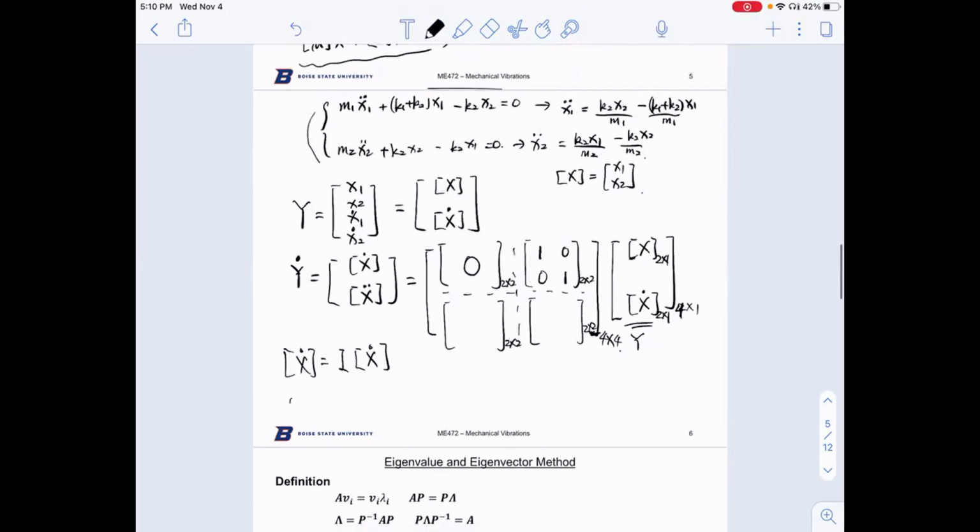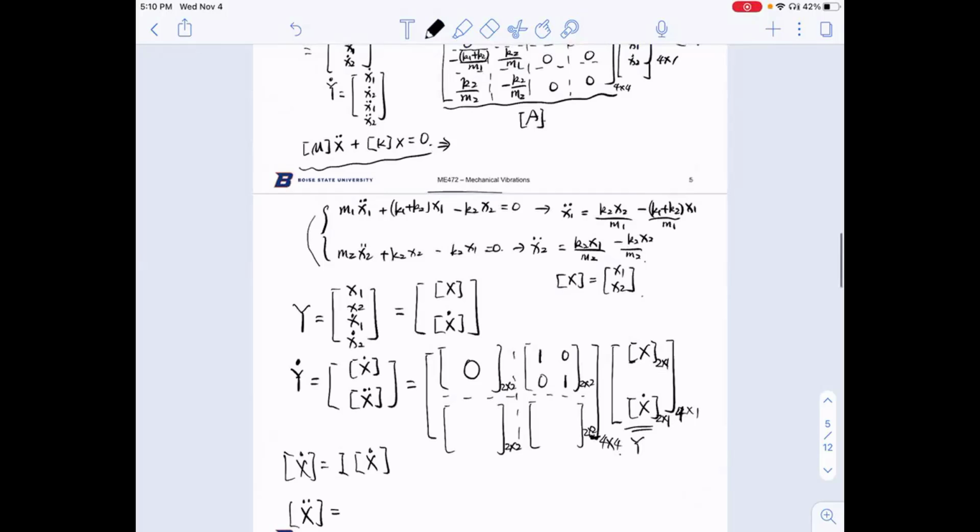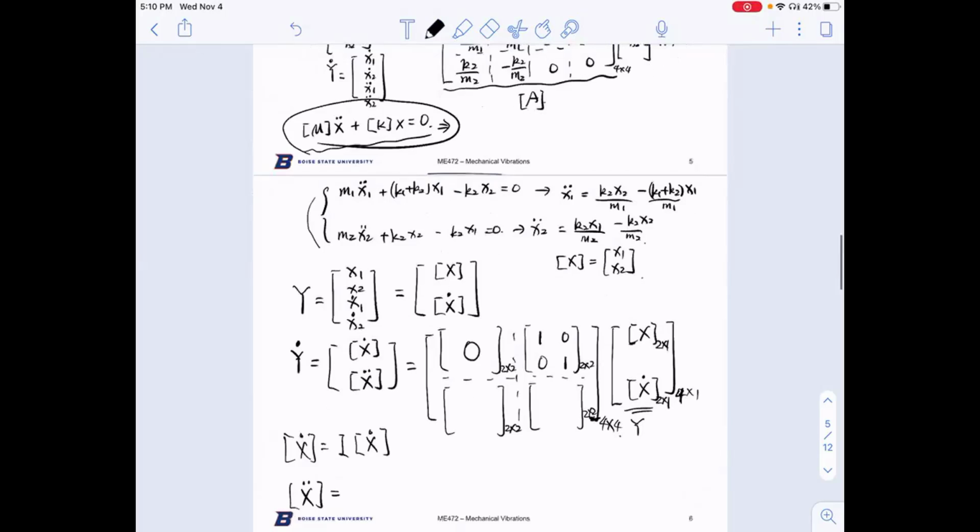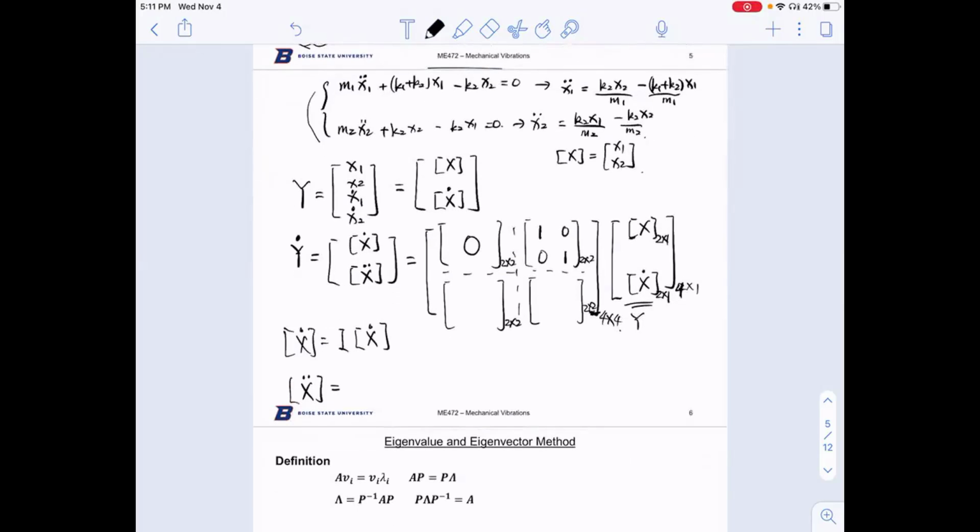And then the second equation is x double dot equals, then you need to go back to this matrix format, and you would have M inverse times K matrix times x, with a negative sign in front. So that's your x double dot.